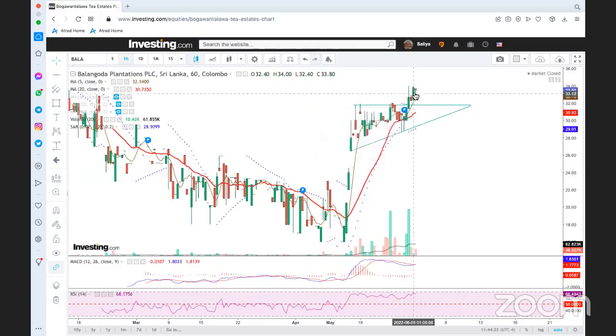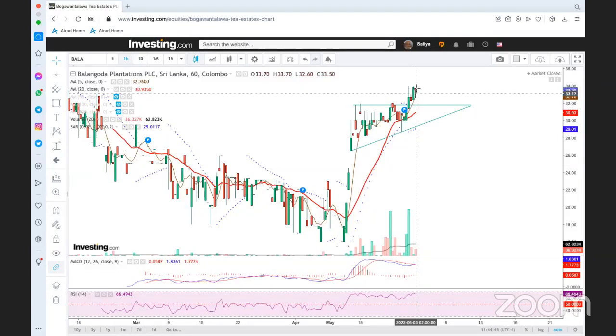At the same time, if you take the entire distance, forgetting this formation of the candle, the range for the day was between 3370 and 3260, whereas the previous hour had been 34 to 3240.